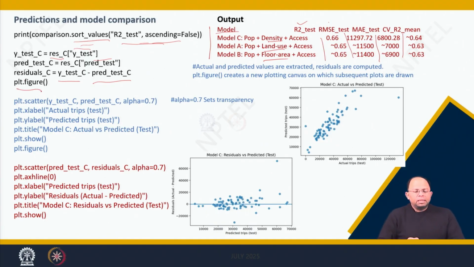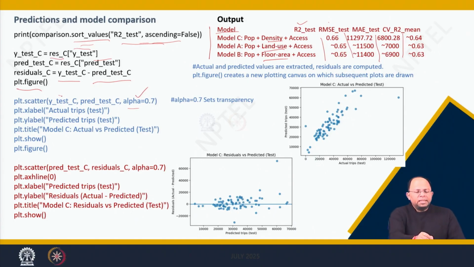Now there are two plots that we are doing. First we are doing a scatter plot, that means y test C, pred test C, and alpha 7. Alpha 7 is the transparency of that particular plot.